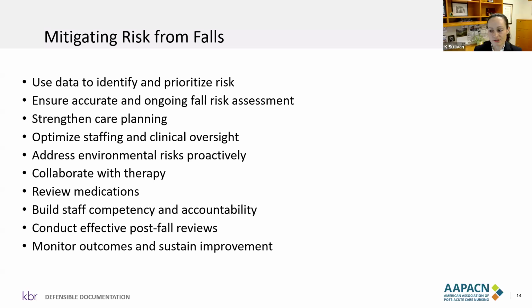It's great to use care plan meetings as an opportunity to update the care plans, but I would suggest, don't wait for those specific quarterly meetings or significant changes to update our care plans with appropriate interventions that are happening in real time based on what we're seeing in therapy.